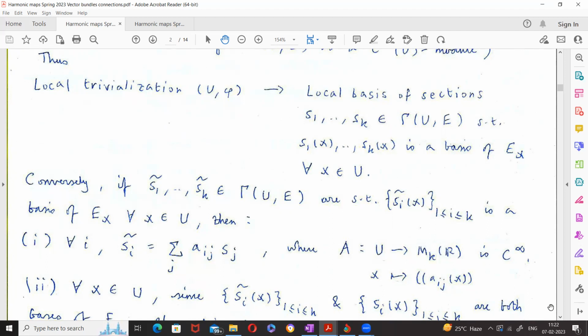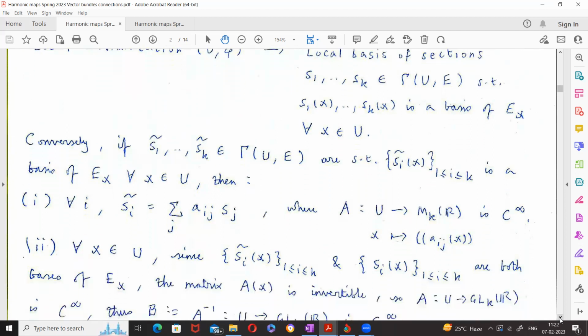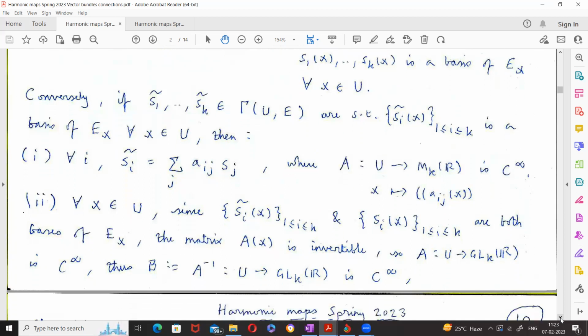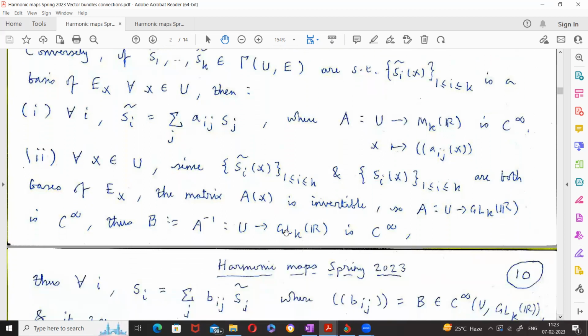Okay. So now the point is, since at each point X in U, S_I tilde(X) and S_I(X) are both bases of E_X, this change of basis matrix A(X) is going to be invertible, right? So actually A becomes a smooth matrix valued function on U, taking values in GL_K(R). So this is a smooth map into GL_K(R).